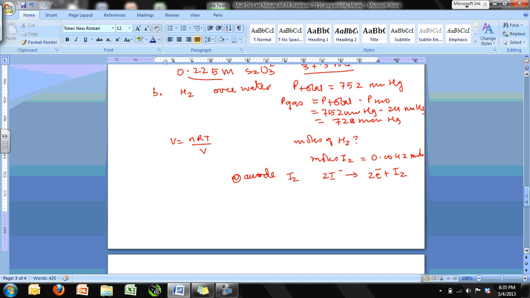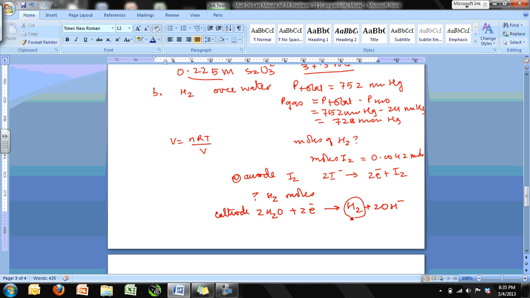Now, to figure out how many moles of hydrogen will be produced, you have to look at the reaction through which hydrogen is being formed. Hydrogen is formed from water, if you remember, at the cathode through this reaction: 2H2O plus 2 electrons gives you H2 plus 2OH minus.